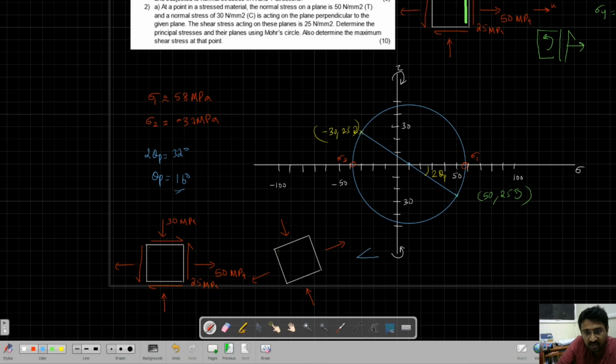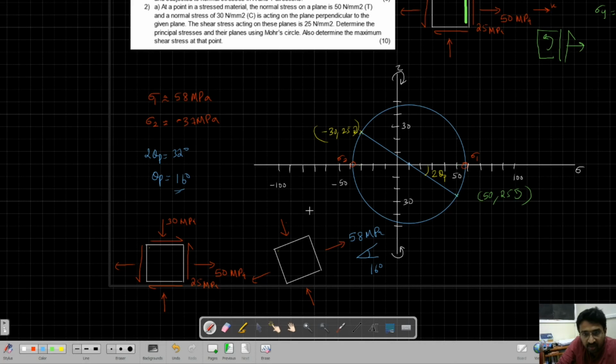So this angle is 16 degrees, what I have rotated. In the first plane, what I get is 58 MPa. How did I get it? After traveling 2 theta p. So theta p rotation in the real element corresponds to 2 theta p rotation in the Mohr circle. So theta p rotation will give me sigma 1.